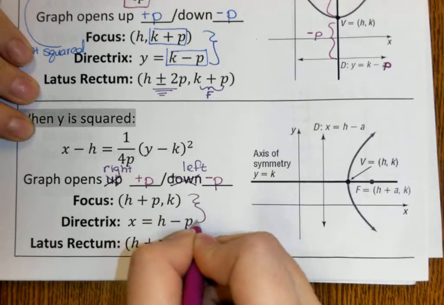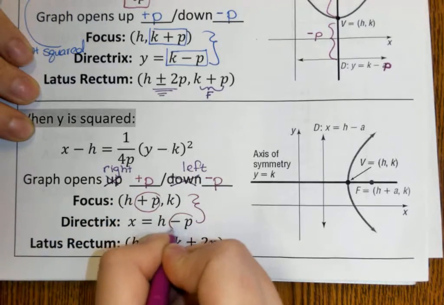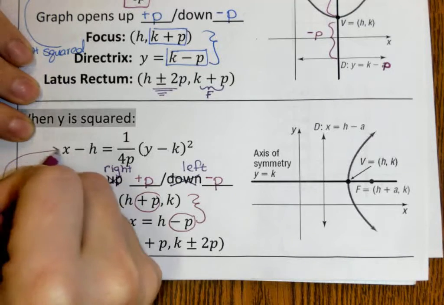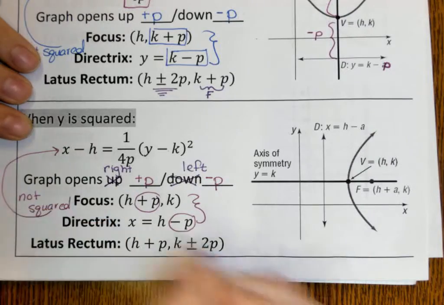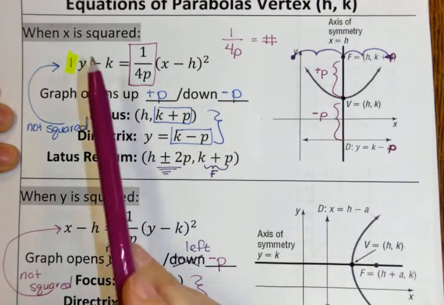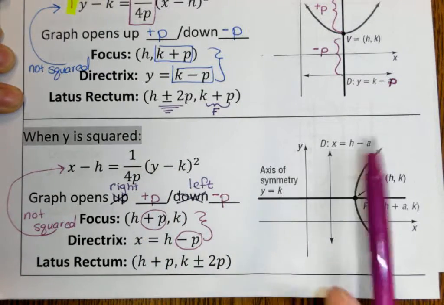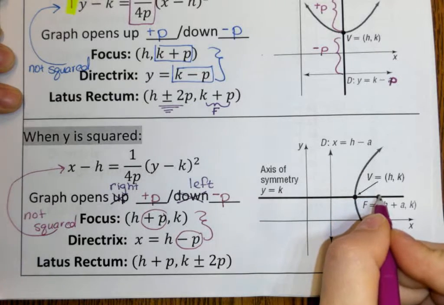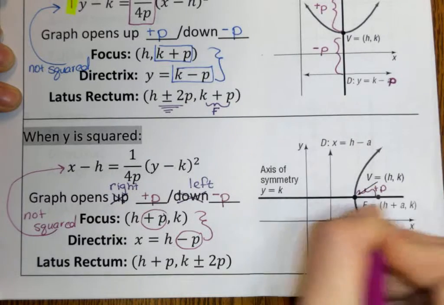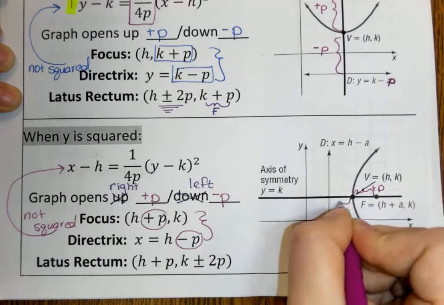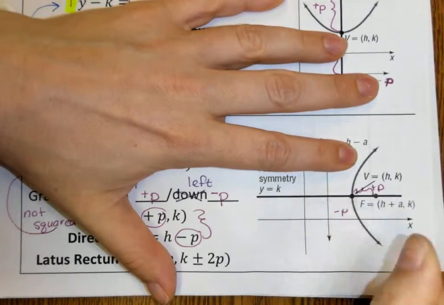Now your focus and your directrix are the ones that deal with the p. They are both always going to the not squared value. In the earlier one the not squared one was y; in this one the not squared one is x. You always add p, whatever it is, to get your focus, and you subtract p to get your directrix.